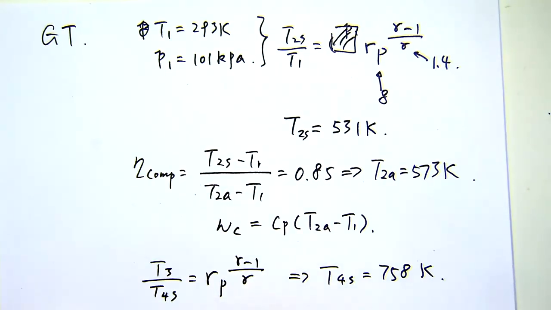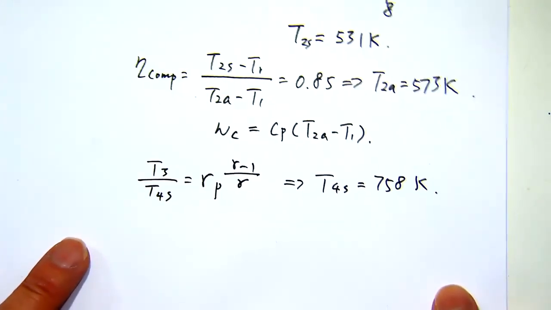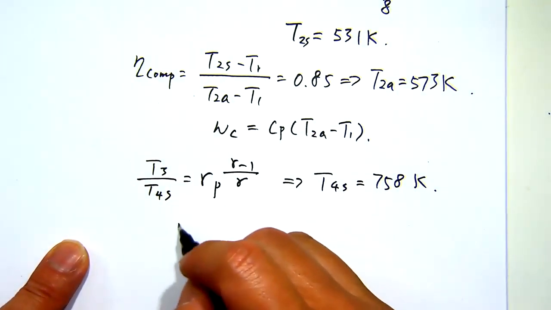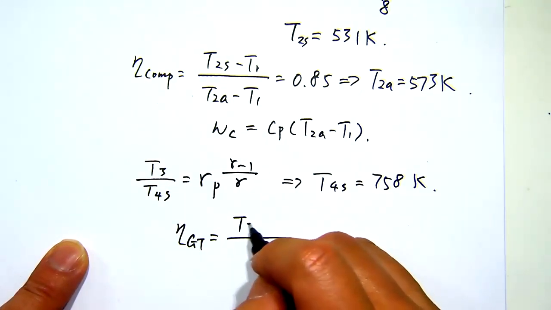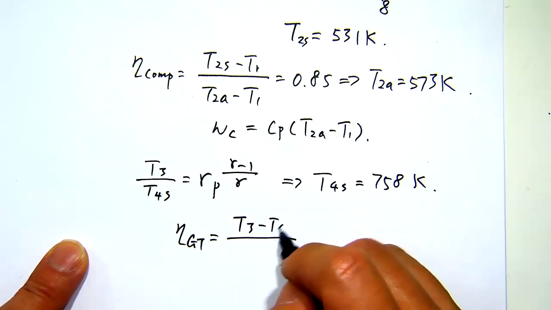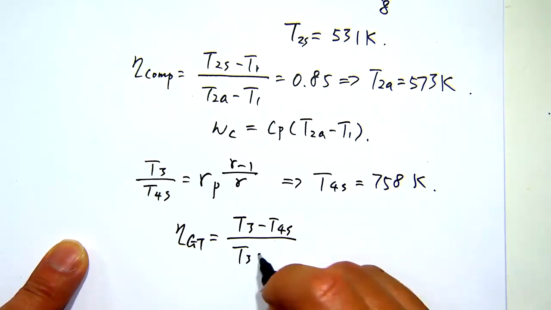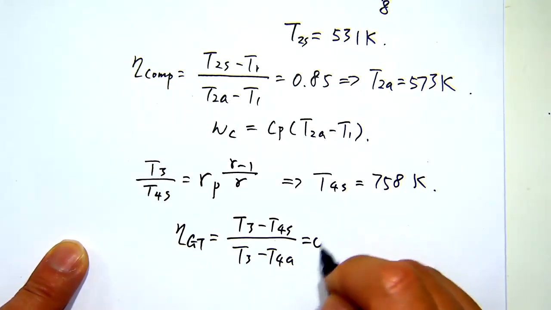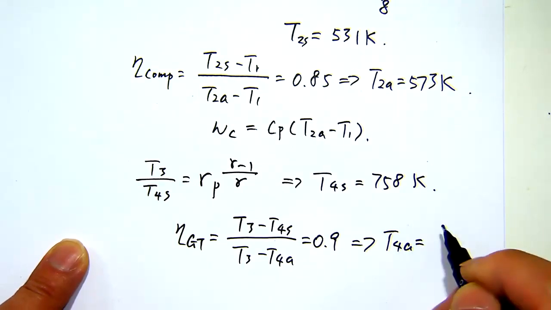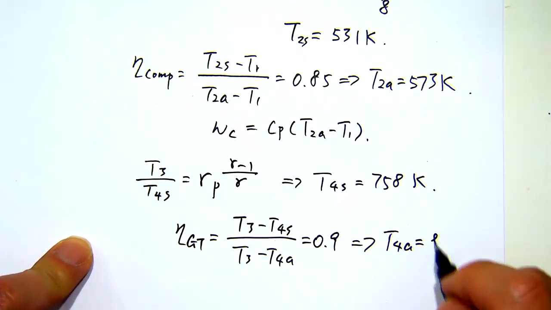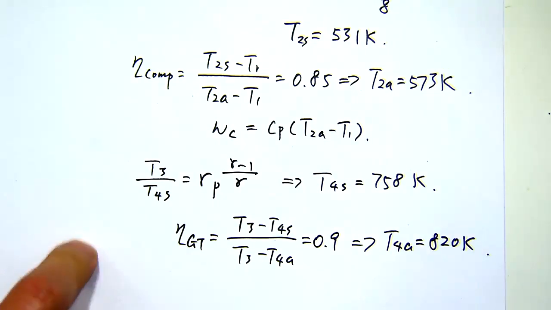And bring in a similar idea, which is the turbine efficiency. The gas turbine efficiency would be T3 minus T4a over T3 minus T4s, which equals 0.9. Then T4a would be 820 Kelvin.